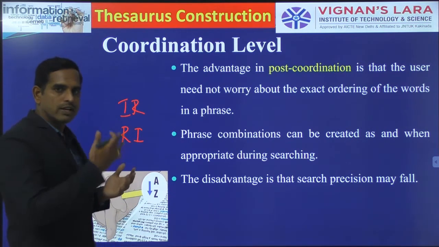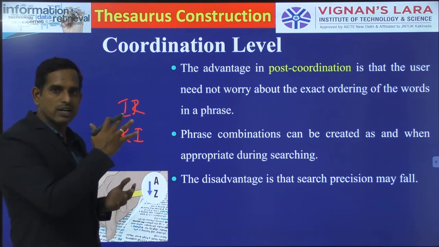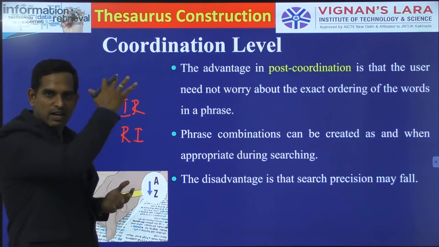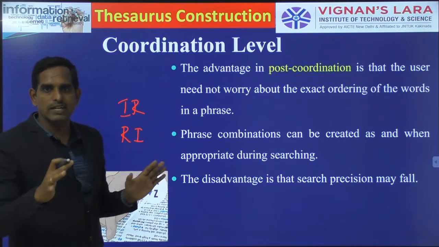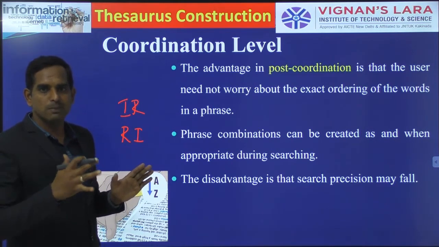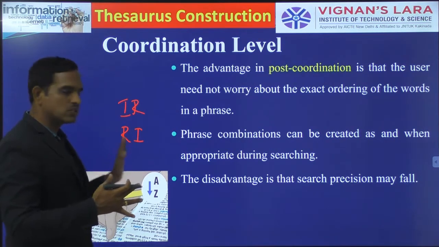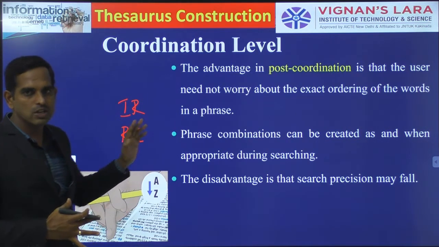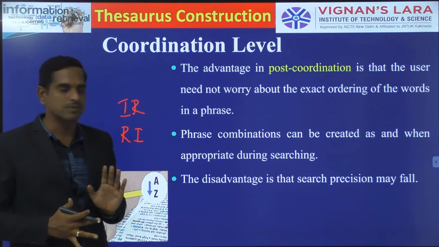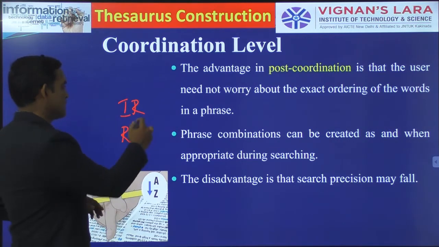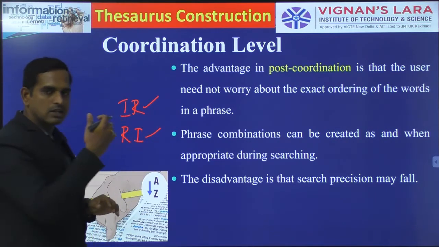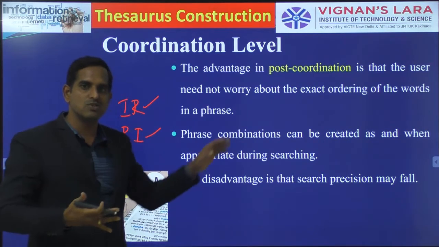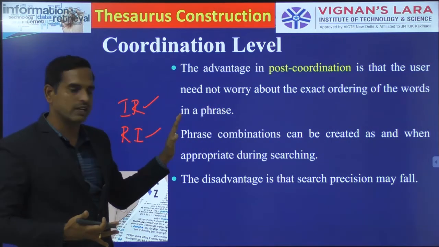So in post coordination, you are not storing terms in a coordinated manner. So you will not have this issue of ordering the terms. In pre-coordination you have the issue of ordering terms. Whether you give this term or that term, if your system is using post coordination, you will not have an issue.